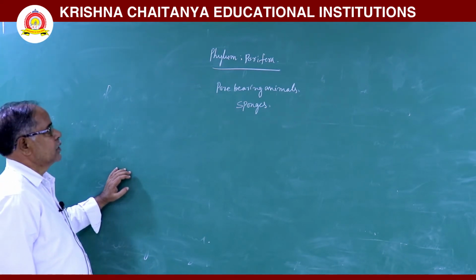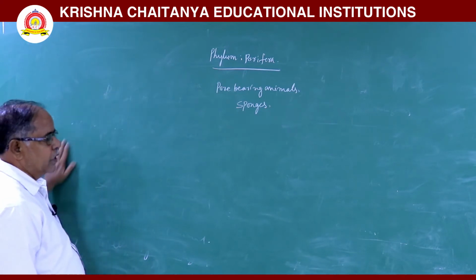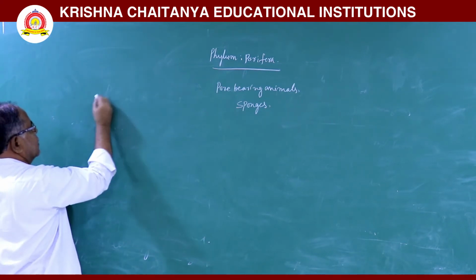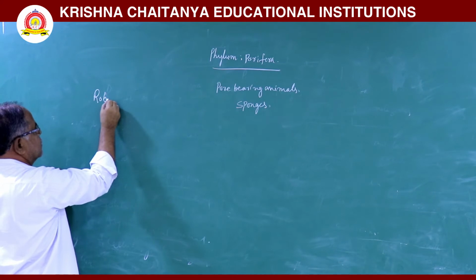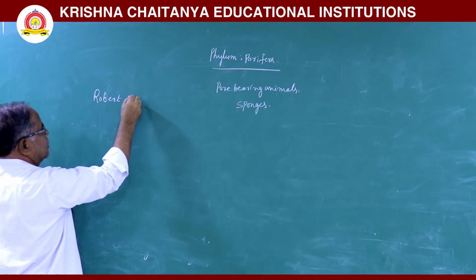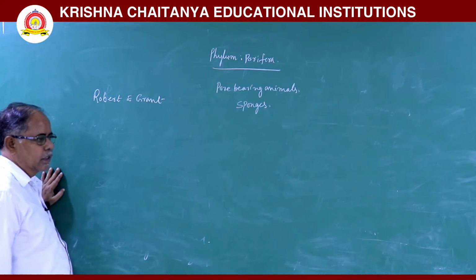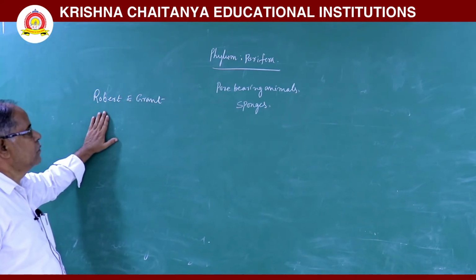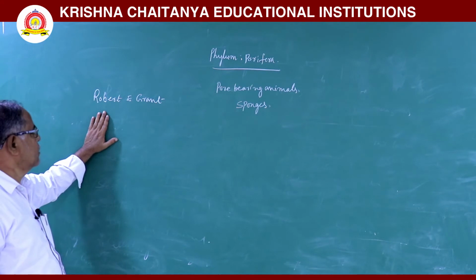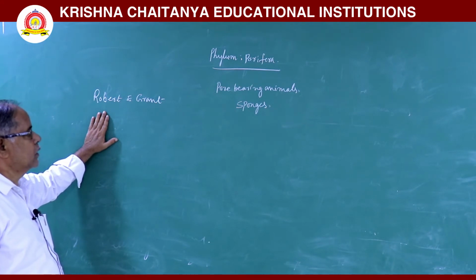Next, the name Porifera was coined by Robert E. Grant.